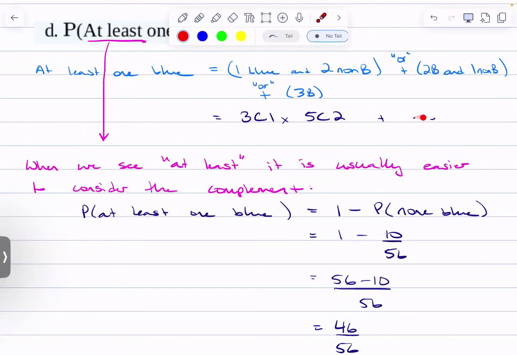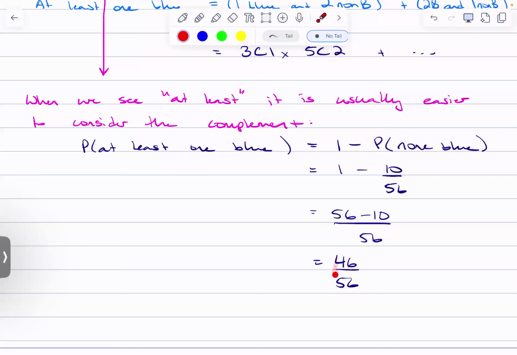You can do all this work, but what you will find is that your final answer will be 46 over 56. I encourage you to try it just to get flexy, but whenever you see at least, have a little trigger that says there's probably a quicker way to do this, by taking the complement.